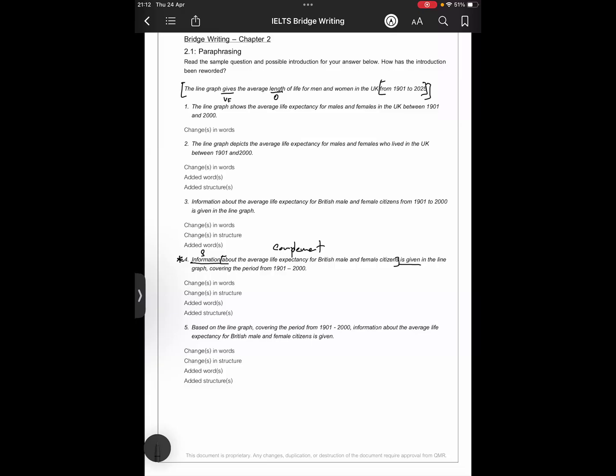So we're not going to say information about the average life expectancy for British male citizens from 1901 to 2025. We're not going to say that. Instead, we're going to bring that to the end of the sentence, because we don't want our subjects to be too long. All right, that's it. Now, let's do some practice.